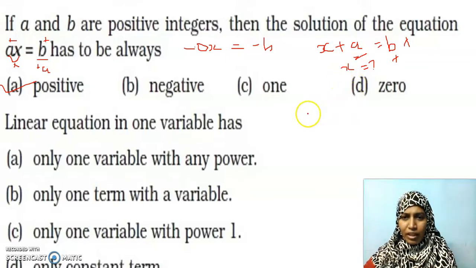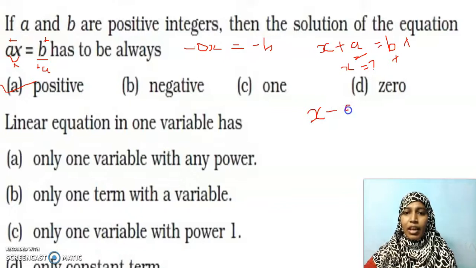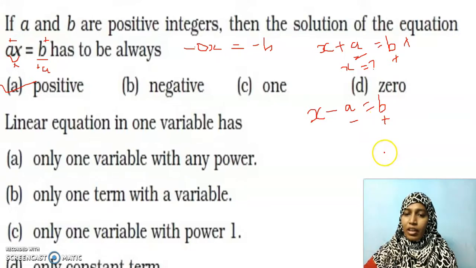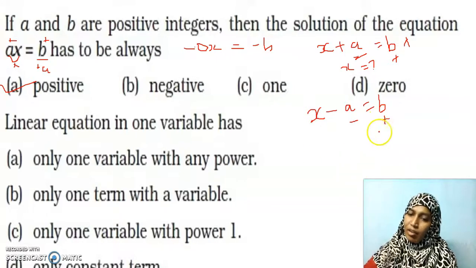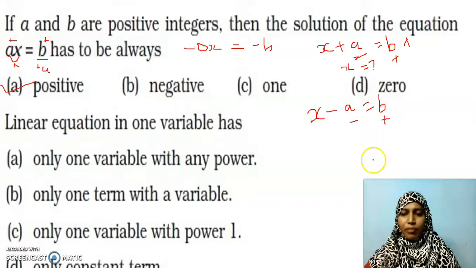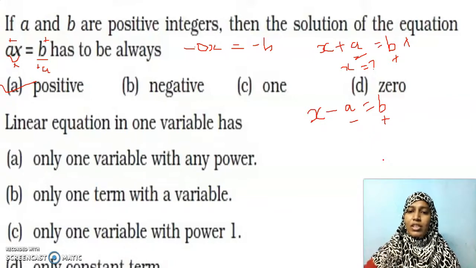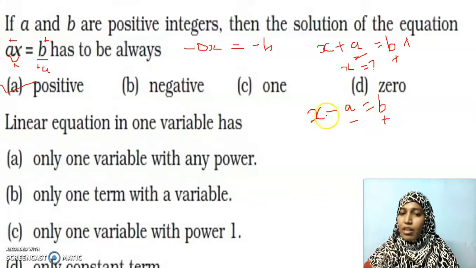See, similarly, if you have x minus a is equal to b. The same question. I say b as positive and a as negative. Again the same option I am asking. Is the value of x greater than b or less than b? I am giving you only two choices. How will you decide? Be careful.